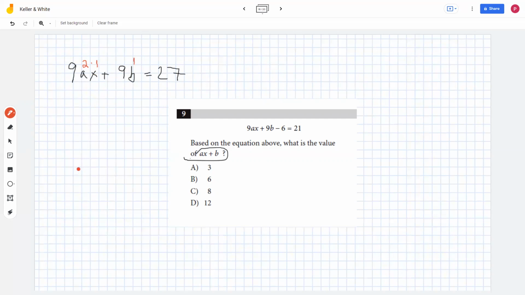There, I just made up a set of numbers that works. 9 times 2 times 1 plus 9 is 27. Now I use those numbers to answer their question. When they asked what's ax plus b, I plug in our numbers and I do 2 times 1 plus 1. And of course, I also get 3, which is exactly what you got if you did it the quicker way.